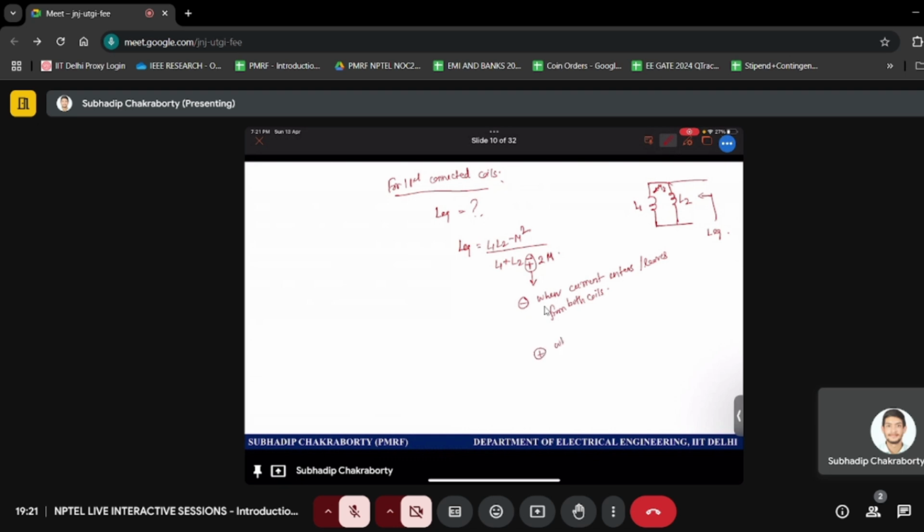And plus when current enters and leaves other. So just give a brief overview and see how the formula is working.